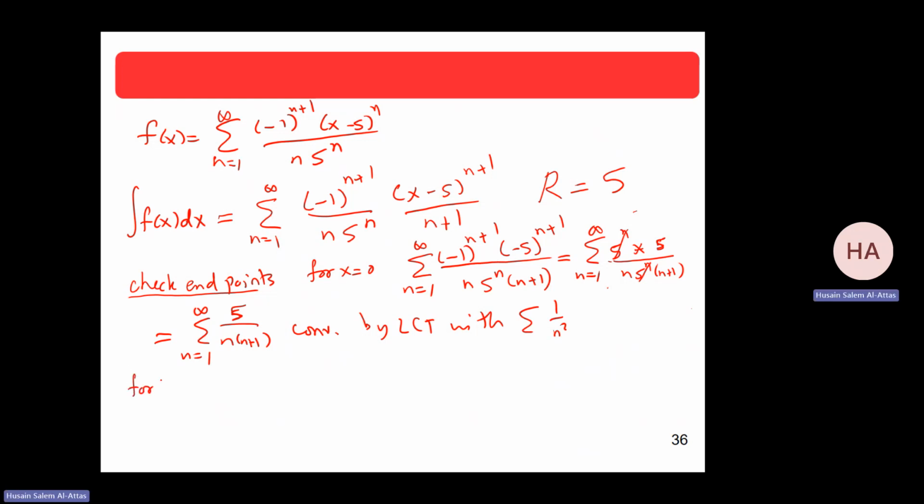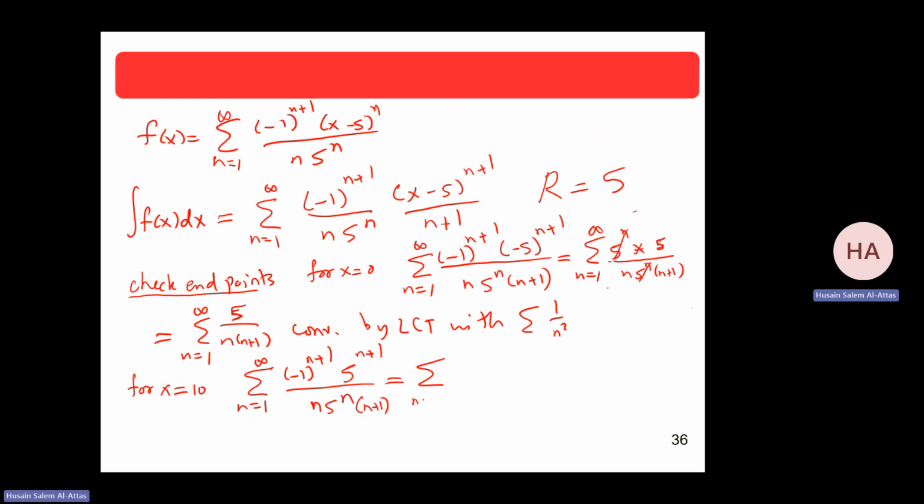Okay, now check the other one. So 0 will be included, and 10 for sure will be included. So summation n equals 1 to infinity, minus 1 to the power n plus 1, times 5 to the power n plus 1 over n times 5 to the power n. And don't forget I have n plus 1 here.